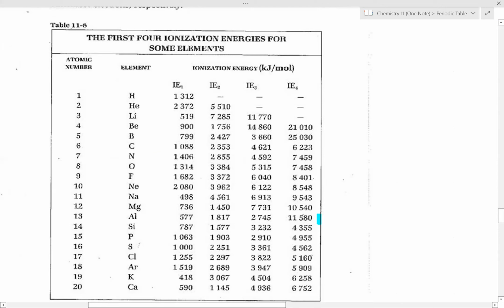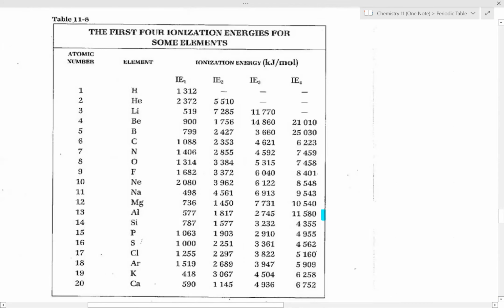What those mean is how much energy it takes to remove the first electron. That would be IE1. How much energy to remove the second electron would be IE2. How much energy it would take to remove the third electron? That would be IE3, and so on.